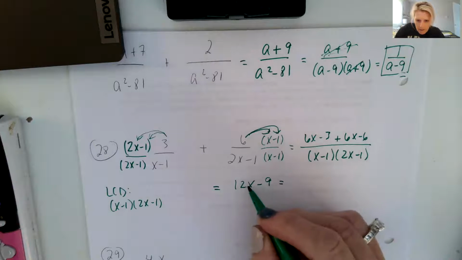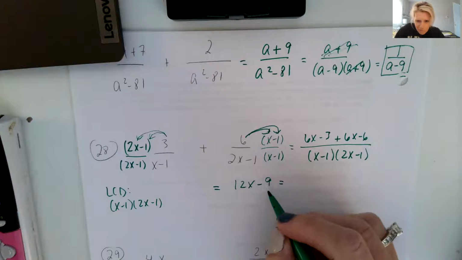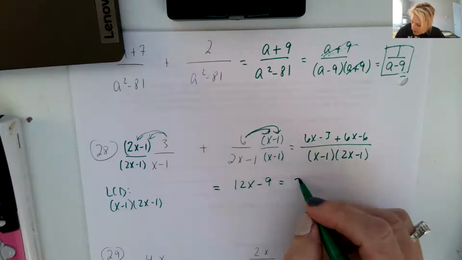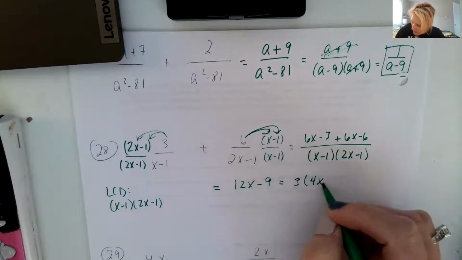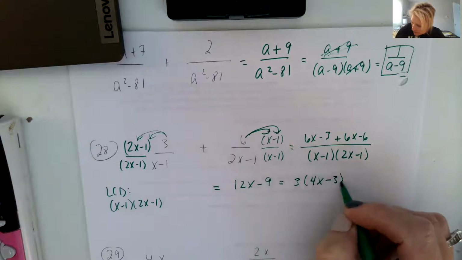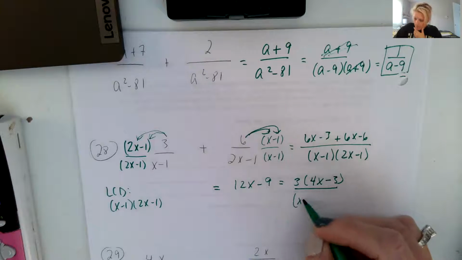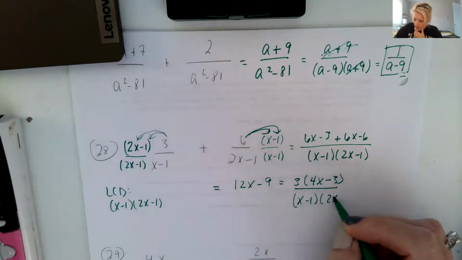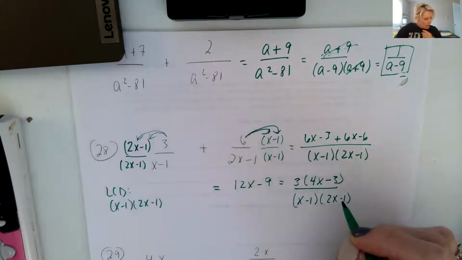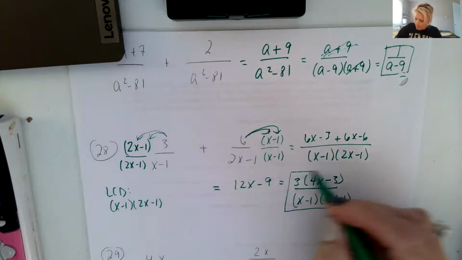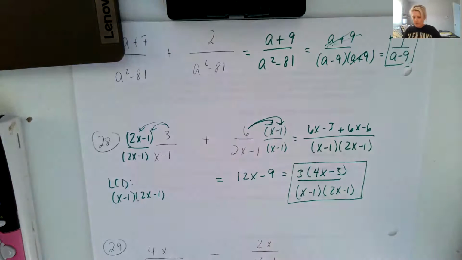And a 3 can factor out. And then we have 4x minus 3 over my denominator x minus 1 times 2x minus 1. So that factoring didn't really help us at all, but I gave us some practice.